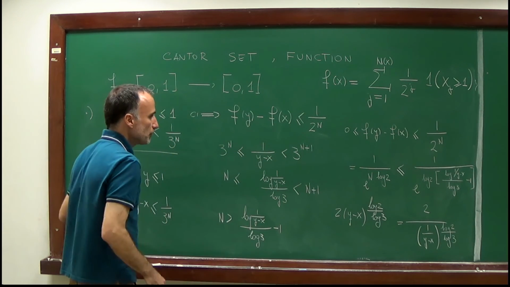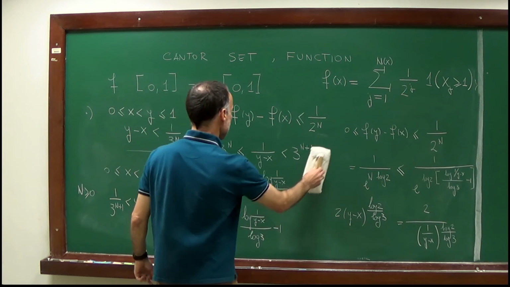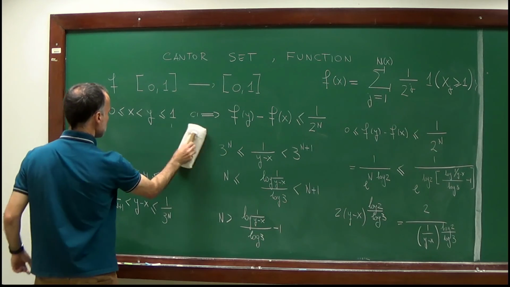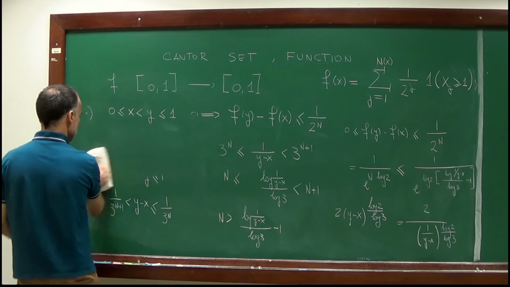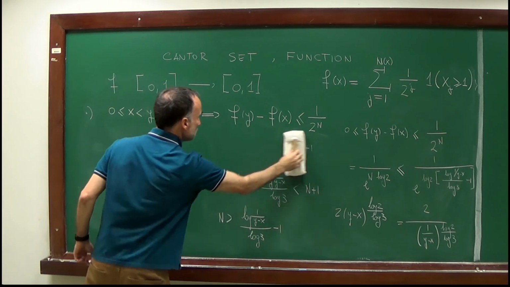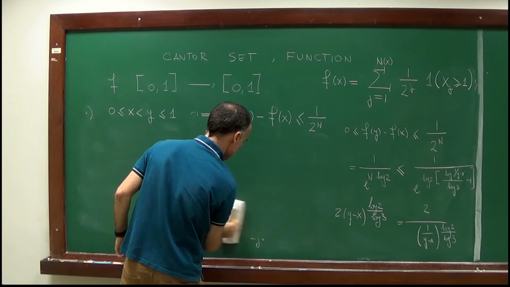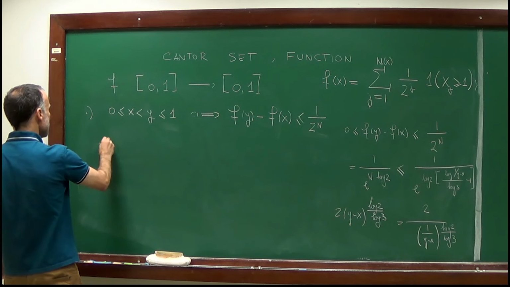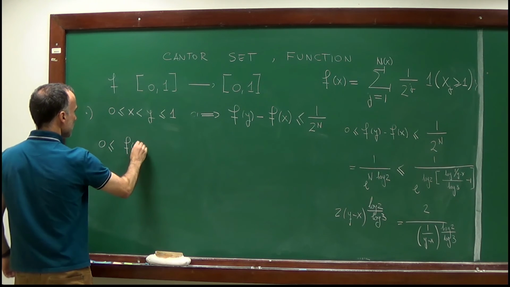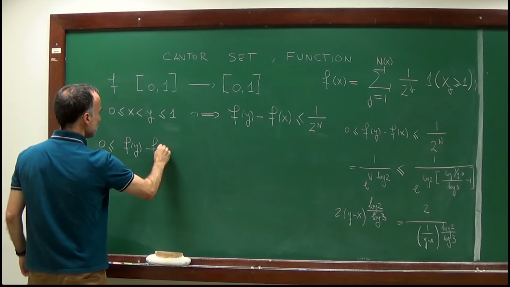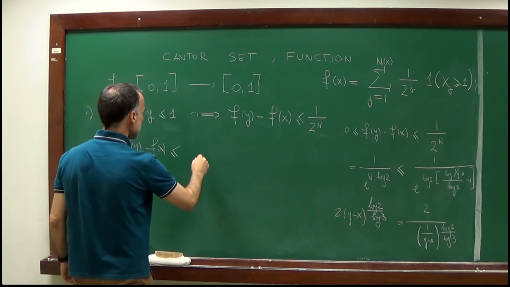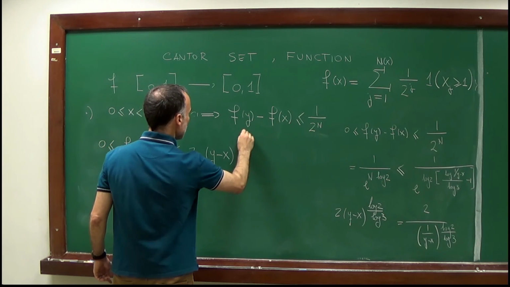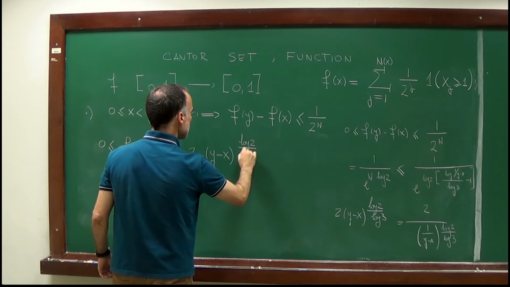So what did we prove? We proved that, if you take y minus x between 0 and 1, y larger than x, what we get is that f(y) minus f(x) is less or equal than 2 times y minus x to the power log 2 over log 3.